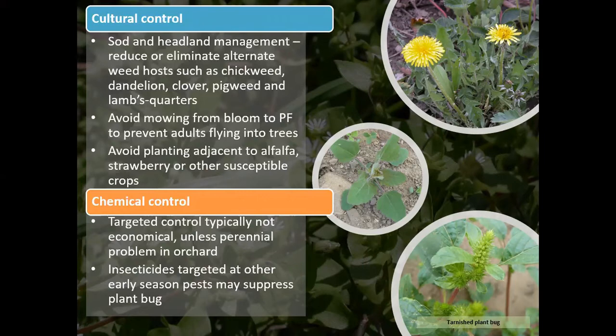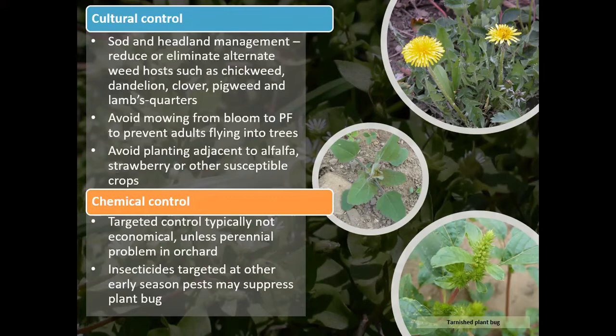When it comes to planning planting sites, do consider what's adjacent to that new orchard. If you are surrounded by susceptible crops like alfalfa or strawberry, chances are you will have high populations of tarnished plant bug in that early season.